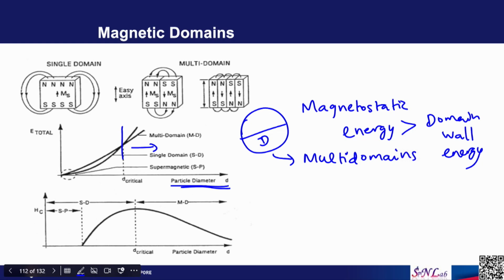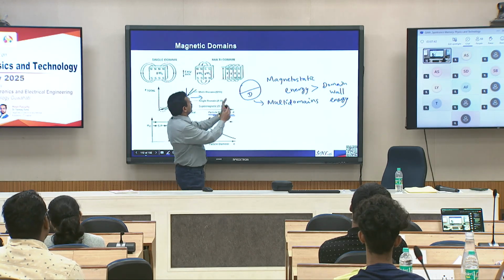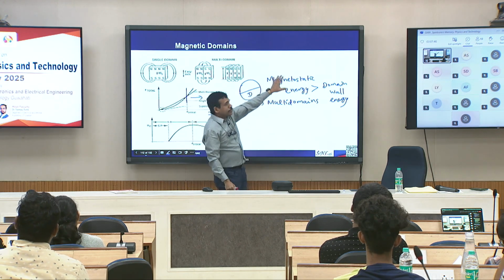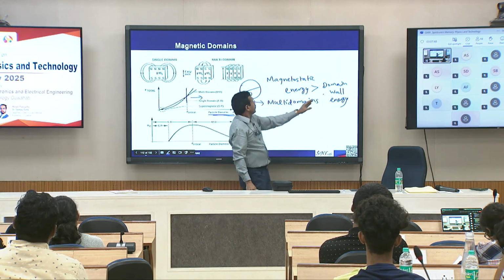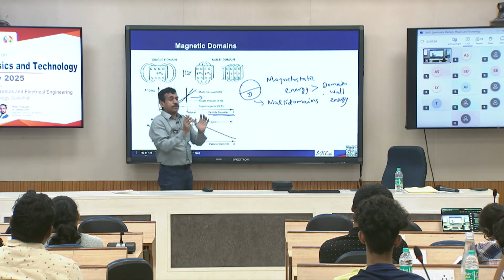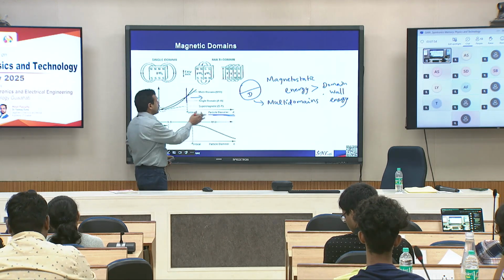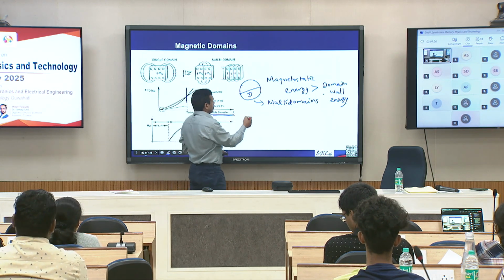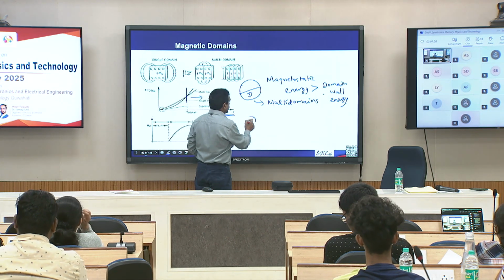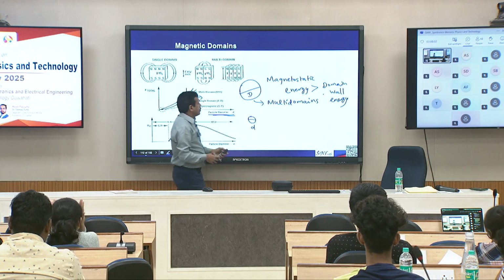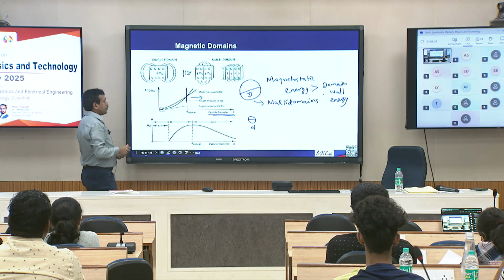So, in your chemical synthesis you have lots of such particles, all above a certain critical dimension. So magnetostatic energy is more than the domain wall energy. All these tiny particles that you have created will have multi domains. On the other hand, let us say you have another recipe where you can prepare particles with a very small dimension.